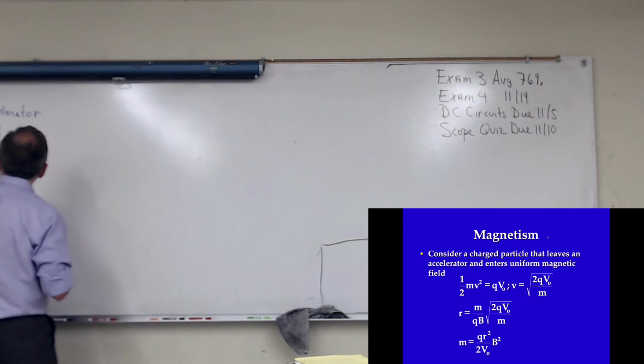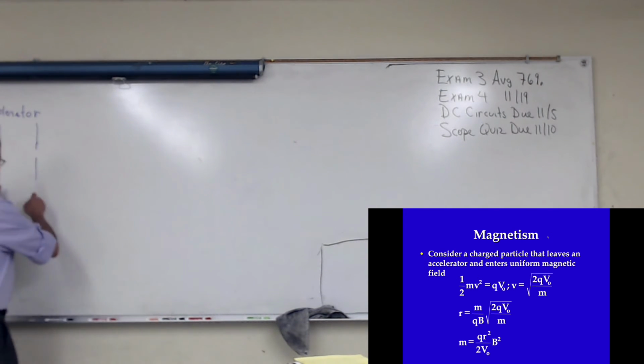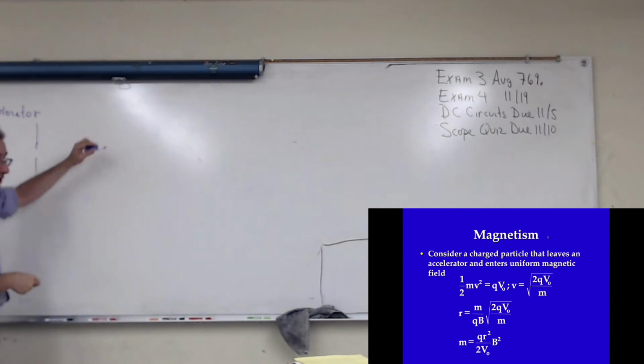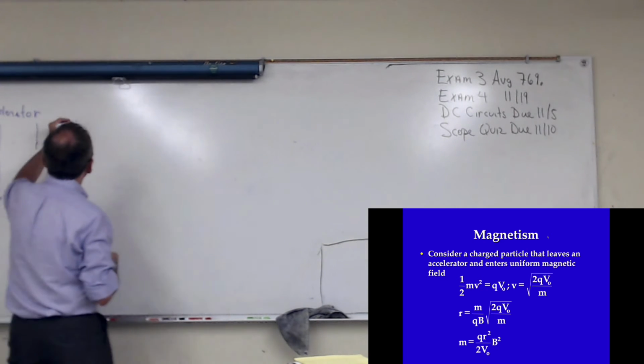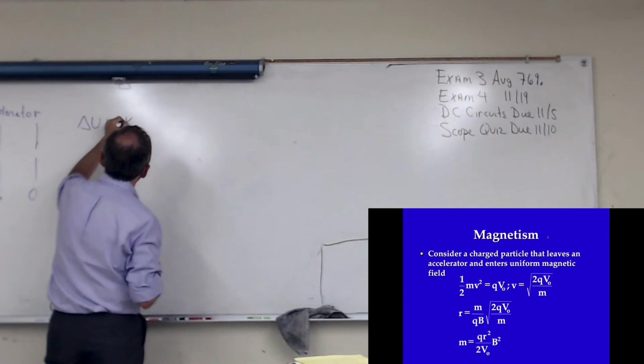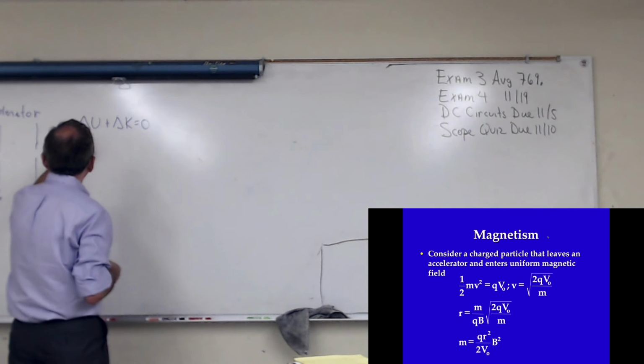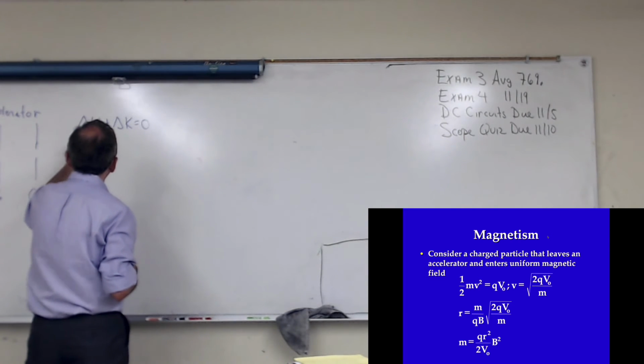Let's say we want to accelerate a positively charged particle. This is the cathode, this is the anode. This is at V0 volts, this is at 0. It's going to go from higher to lower potential. That's going to accelerate the charged particle. And we can calculate how fast this thing is from conservation of energy. This is going to be Q delta V.